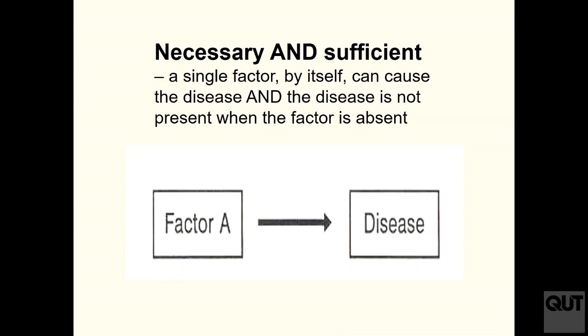Factor A leads to the disease. Well, there aren't that many diseases, but there are some, like asbestosis lung disease. You don't get it if you're not exposed to asbestos, right? Huntington's chorea. You don't get Huntington's disease unless you have the gene for Huntington's disease. It just simply doesn't happen.